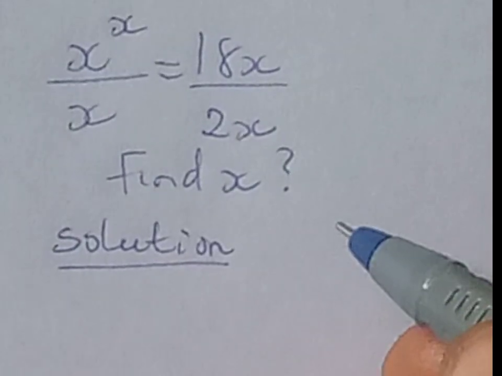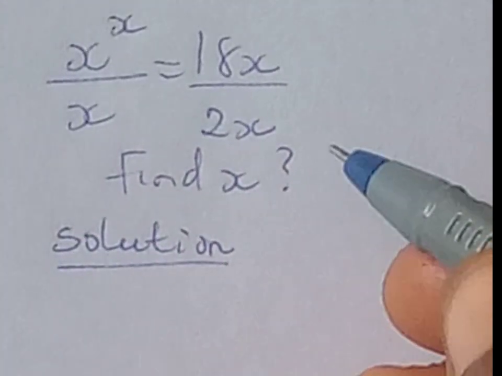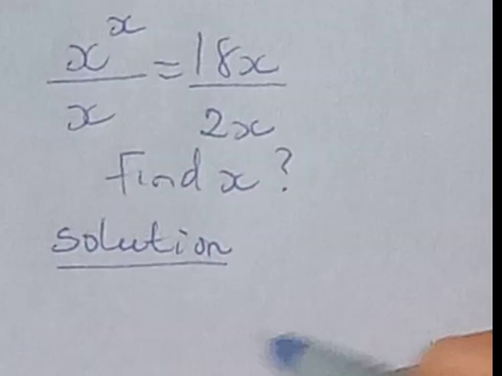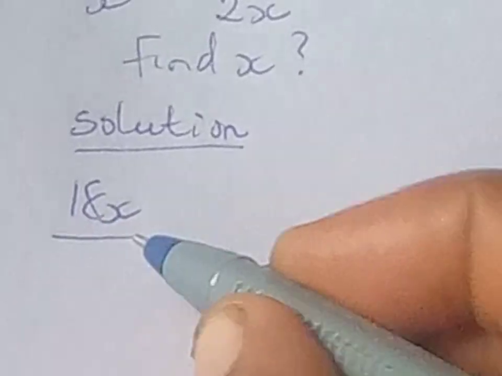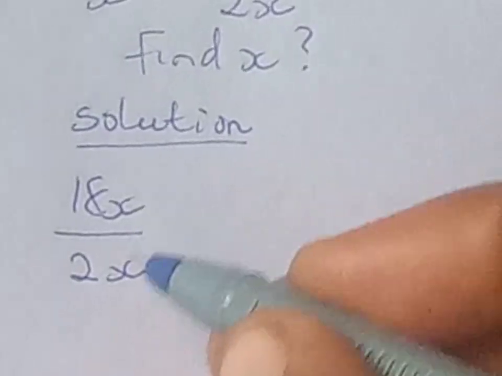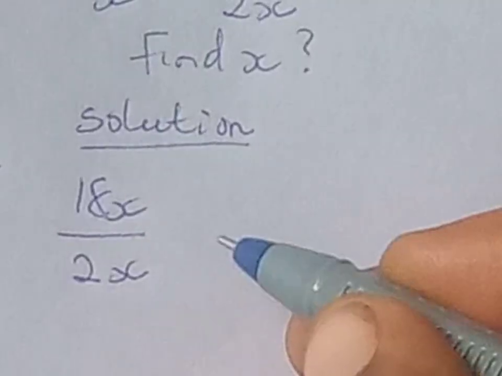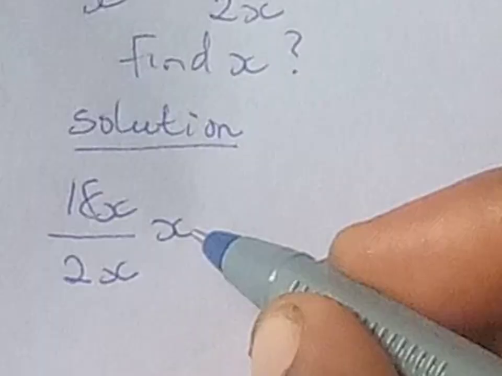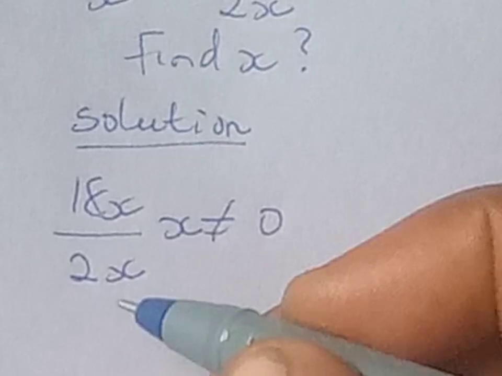The first thing is, let's simplify the right hand side, starting with the easiest part. We have 18x divided by 2x. Both the numerator and the denominator contain an x. As long as x is not equal to 0, let's divide.